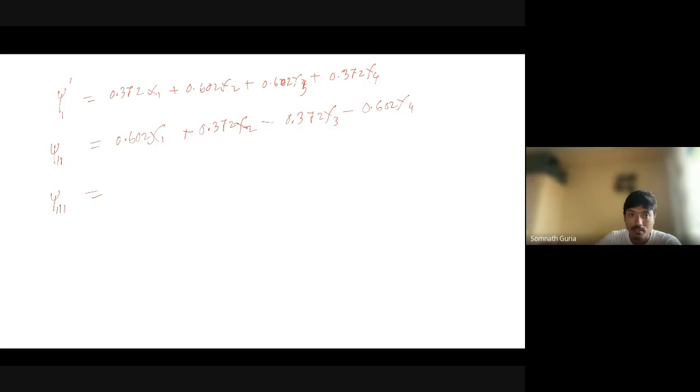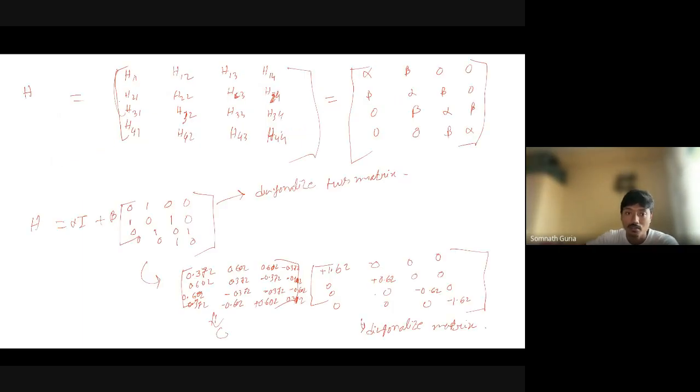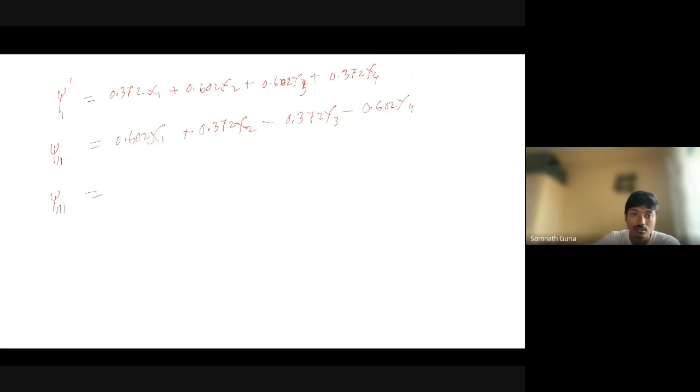For the third one, similarly, we have a coefficient matrix: 0.602, minus, and then plus. So this will be 0.602 chi1 minus 0.372 chi2 minus 0.372 chi3 plus 0.602 chi4. And we have another function, psi4.